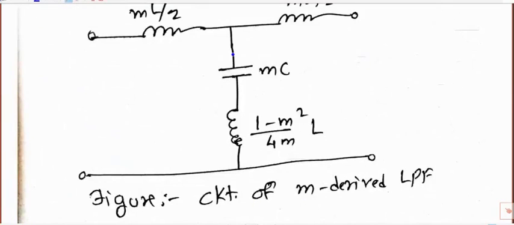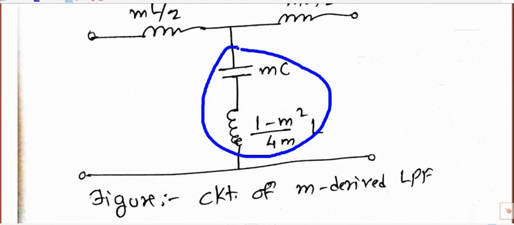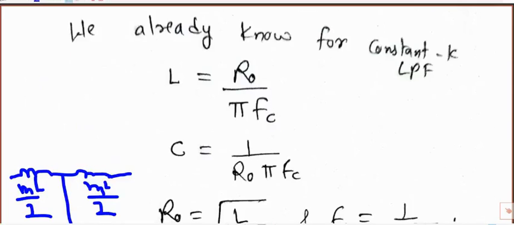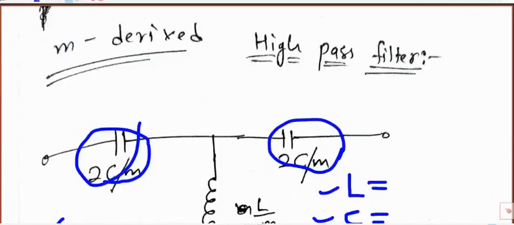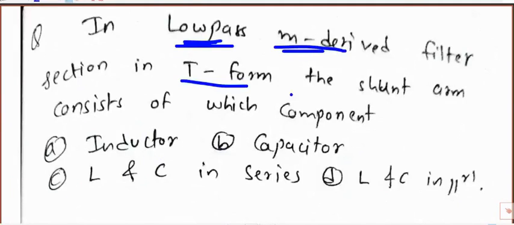What is there in the shunt arm? Capacitor in series with inductor, or inductor in series with capacitor. These are the 4 options: inductor, capacitor, L and C in series, L and C in parallel. So the correct answer is L and C in series.